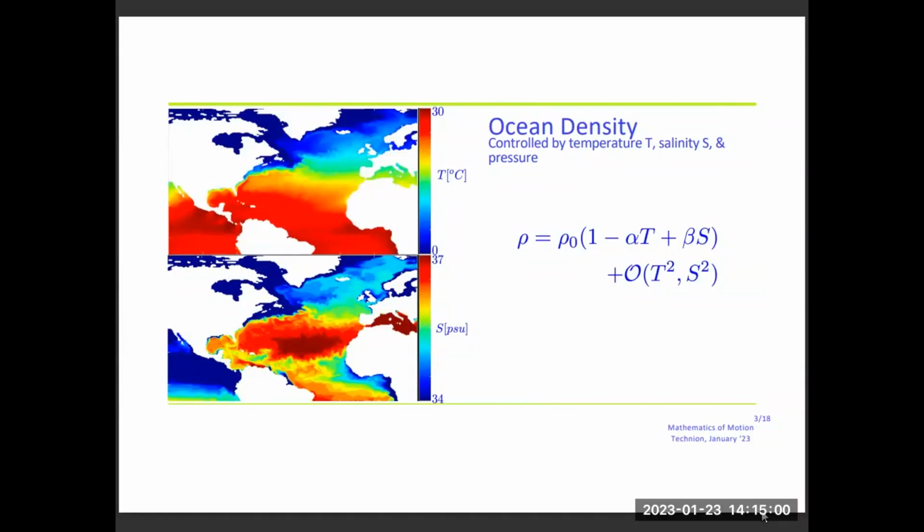The reason is that we use potential density, because the pressure effect at the same depth is approximately the same. Potential density is the density that a body of water would have if you took it adiabatically to atmospheric pressure. And this is the relevant equation for our system.